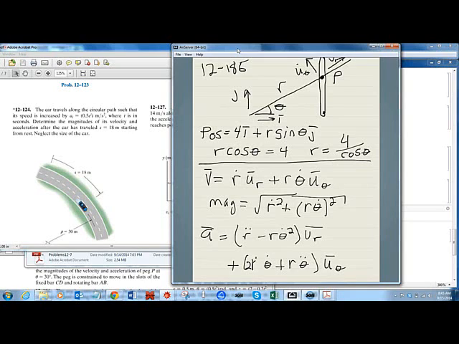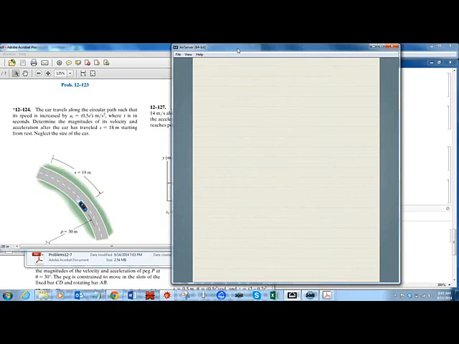So for problem 12-124, a_t is equal to 0.5 e to the t. And what I know is the change in speed, dv dt, is equal to a_t. Remember that?